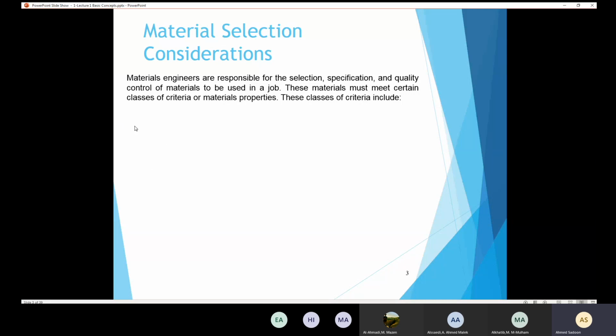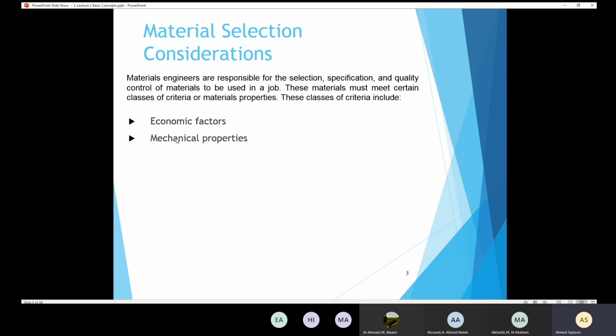The first criterion is the economic factors, which means how much the material is going to cost. What about the transportation? How am I going to transport the material from the source to the job site? How to place the material itself? The manufacturing cost. So I need to know the economic factors.